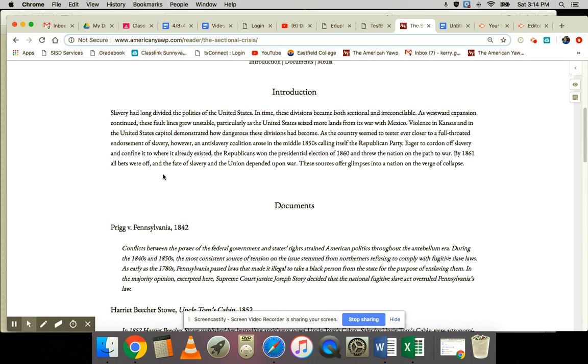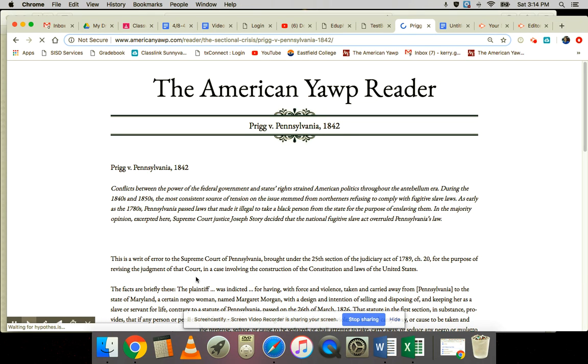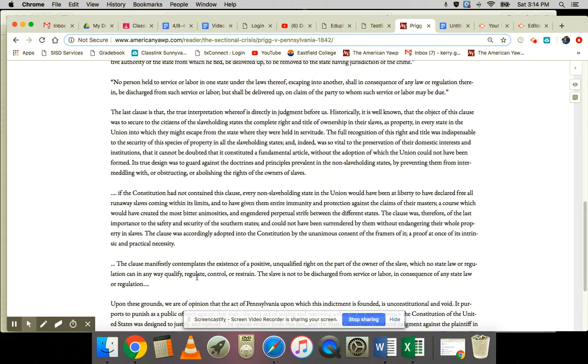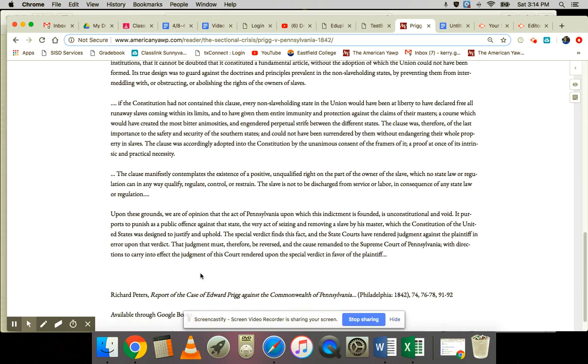So just to very quickly run through some of the documents. I encourage you to read the introduction. That's always helpful. And then this one right here is Prigg v. Pennsylvania, the Supreme Court essentially arguing that the fugitive slave law overrides the right of states to dictate freedom for African Americans.